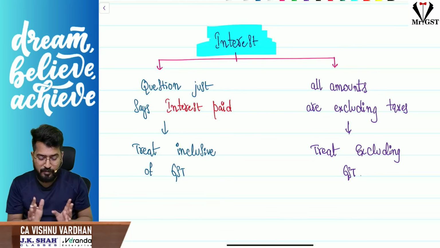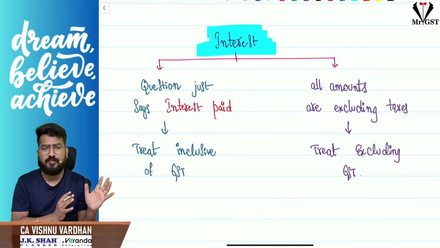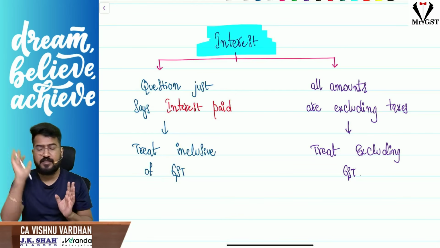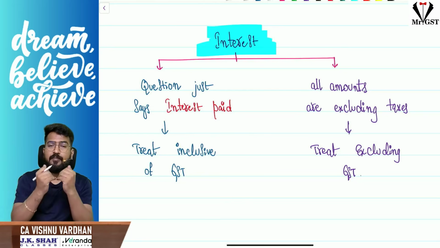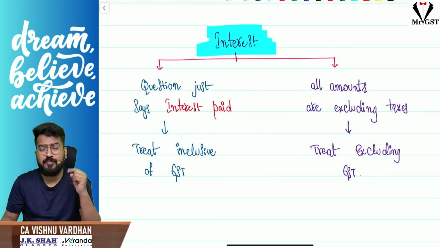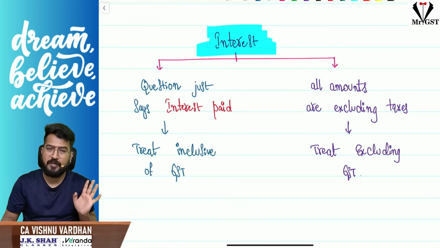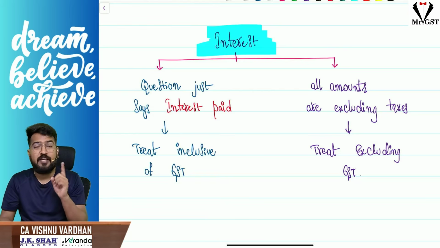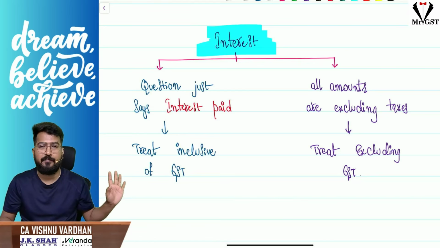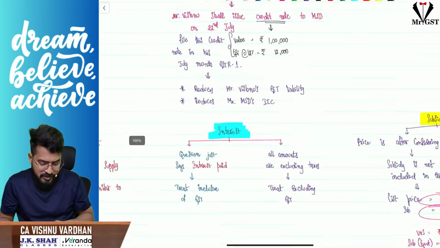So I repeat, if the question says just interest paid, then treat it as inclusive. If the question clearly mentions these are excluding taxes, then treat it as exclusive of taxes. Clear? So I repeat, interest paid for delay in payment of consideration only will be added to the value of supply. Interest for giving a loan is exempt under GST and will not have any tax implication. Hope it is clear. That is with respect to interest.